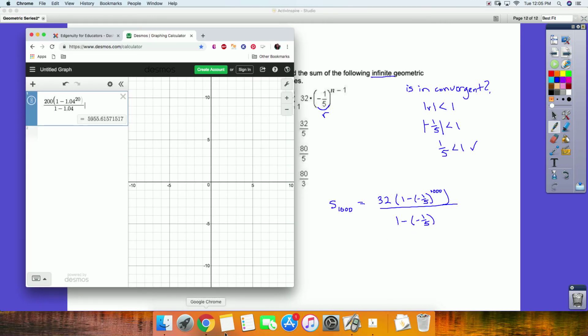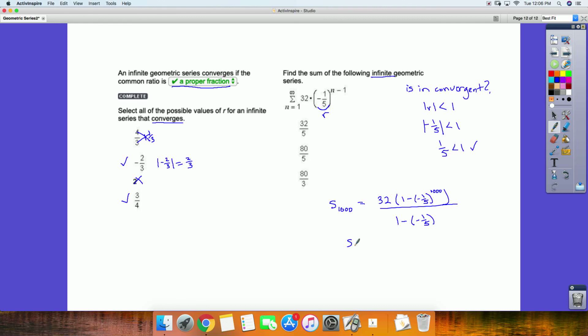So we're definitely going to go back to Desmos on this one. We'll type it in: 32 times 1 minus negative 1/5 to the 1,000th power, which seems huge, all over 1 minus negative 1/5.